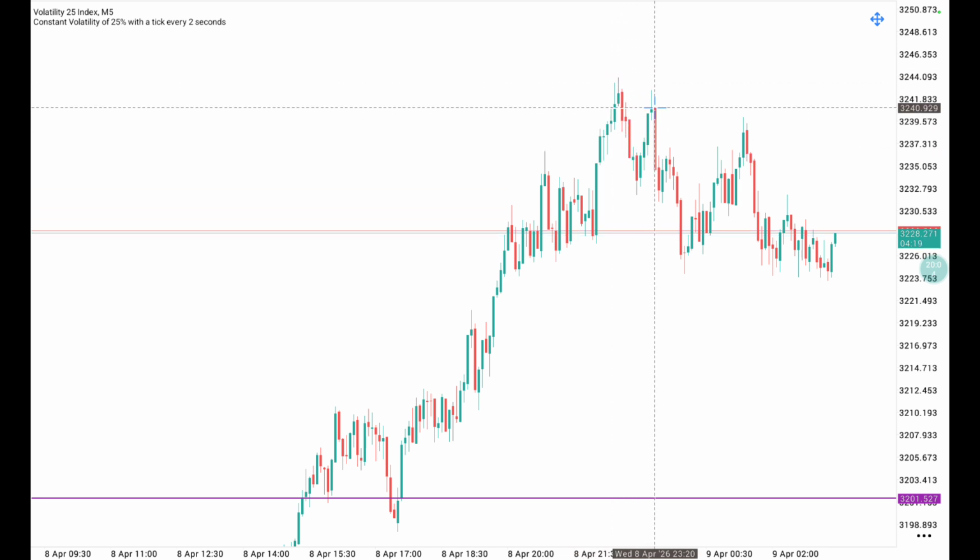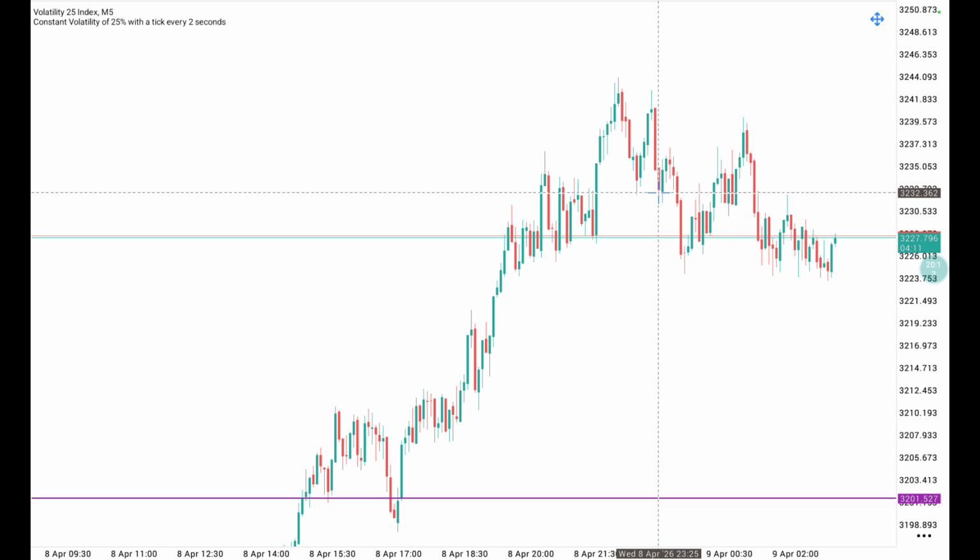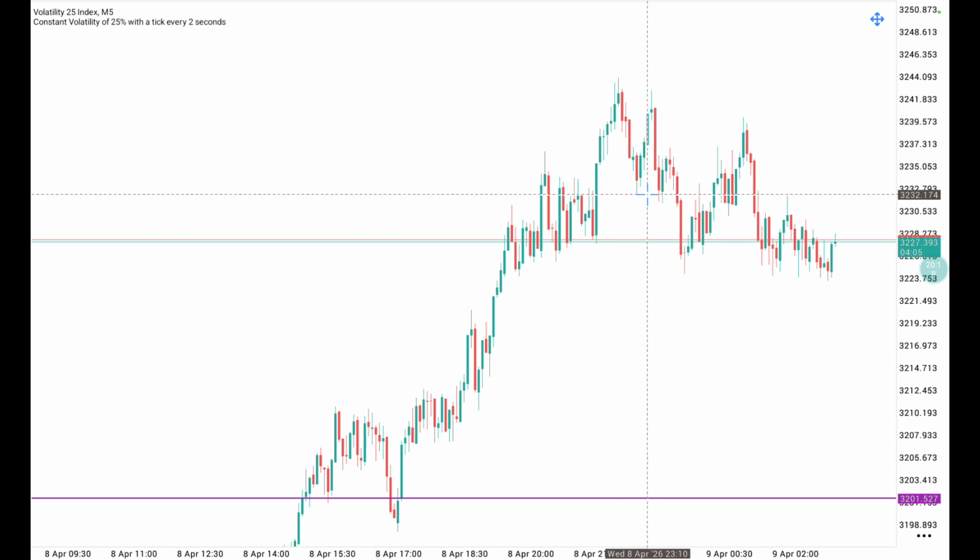So when we couldn't go high, we broke below, making this a break of structure. You understand? But not just a break of structure. This is a special type of break of structure called market structure shift.